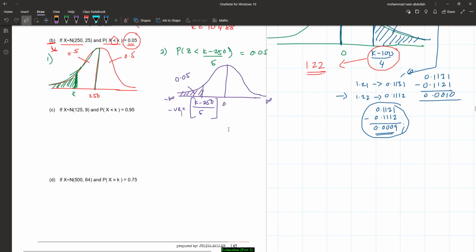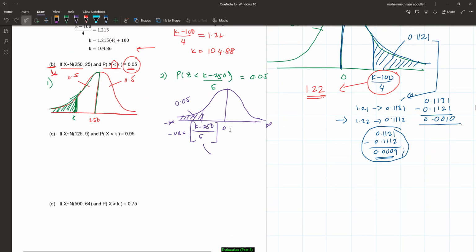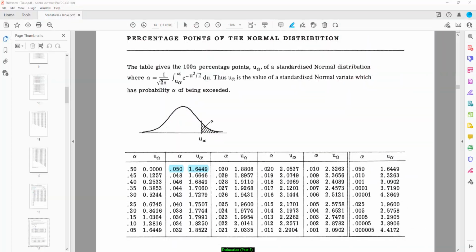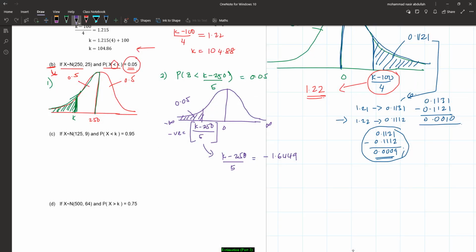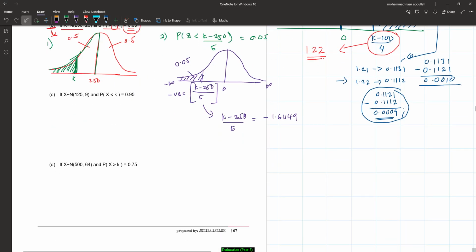So this value K minus 250 divided by 5 should be equal to negative 1.6449. Right? Yes. Why negative? Because it stays on the left hand side, on the negative side.